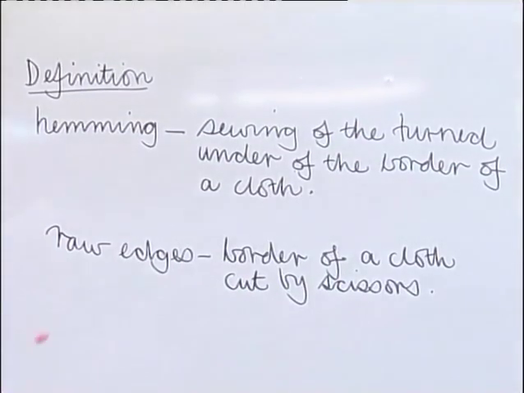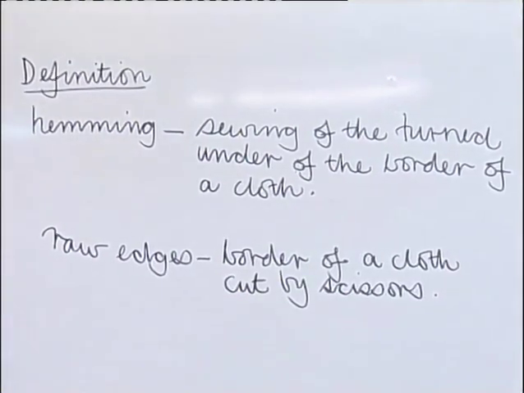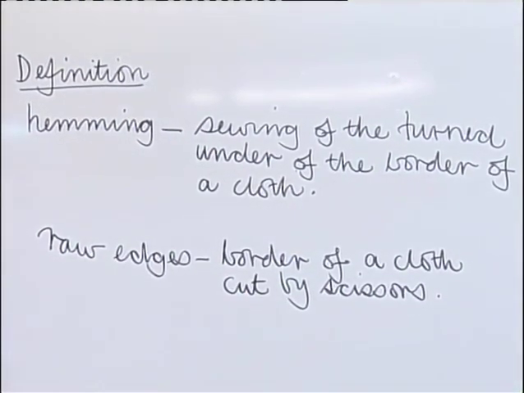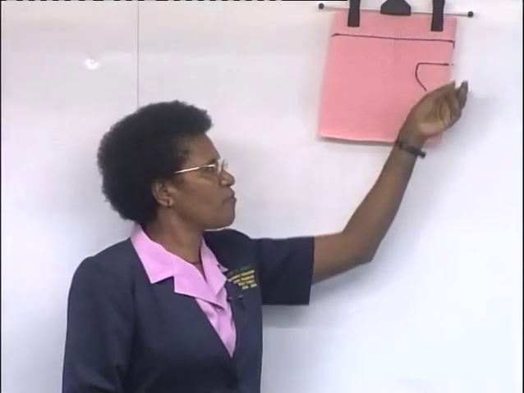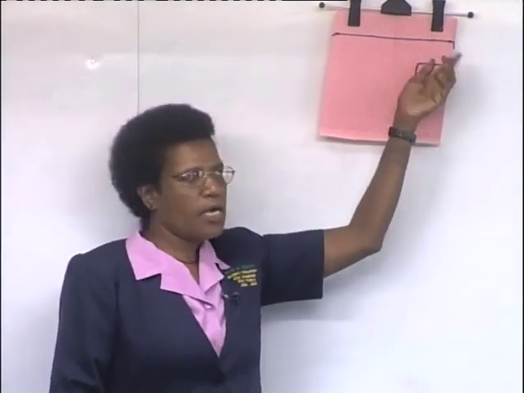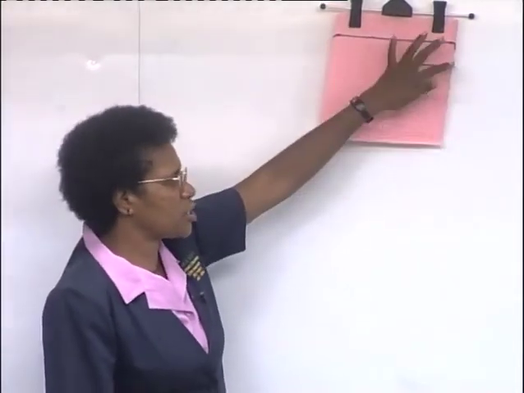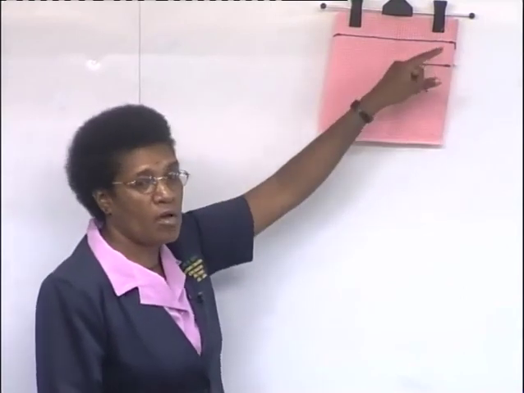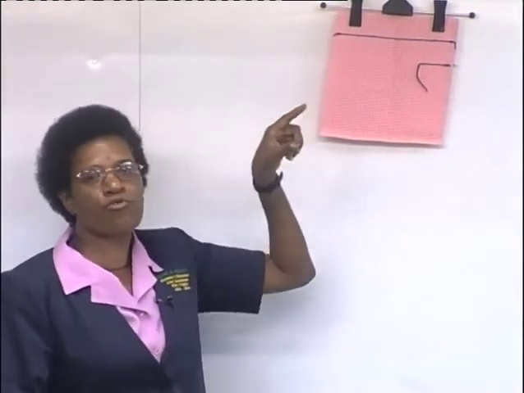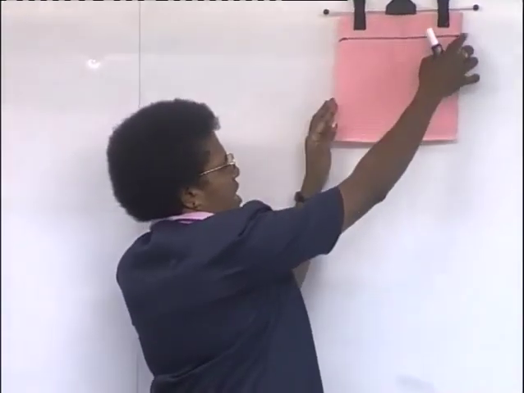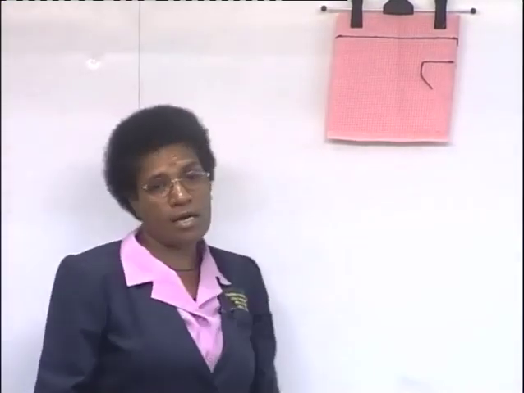Cut by scissors. Okay, border of a cloth cut by scissors. Now, this is the border of this piece of cloth I have, and this one has been cut by scissors, so that is actually the raw edge. I have two raw edges, one on the right and one on the left.